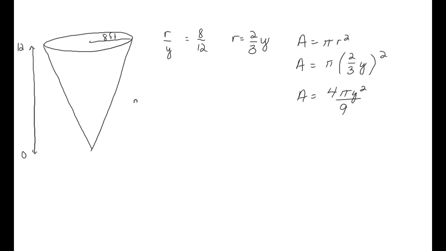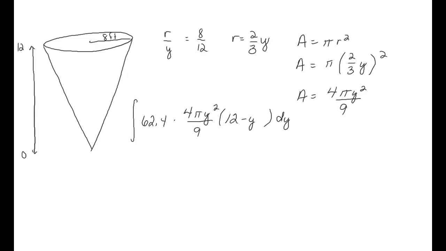Our integral, 62.4 times our area piece, 4 pi y squared over 9, times our distance moved piece, which is slightly different from before, but not much. It's 12 minus y, because this tank was a little taller than the previous one. Our dy gives us our thickness.